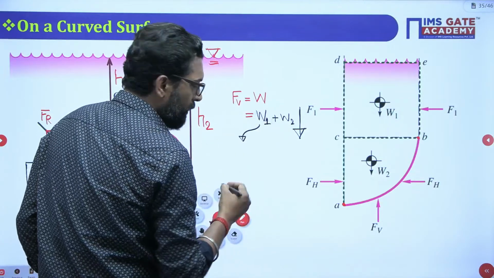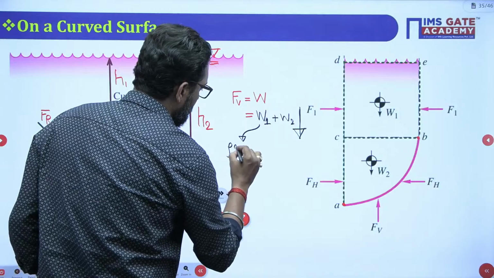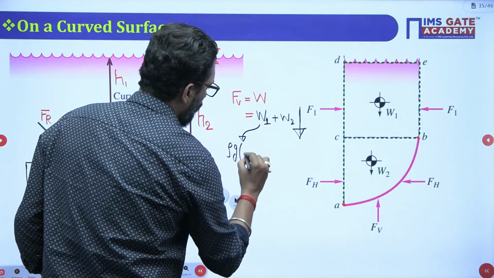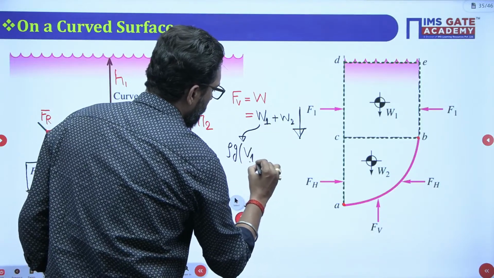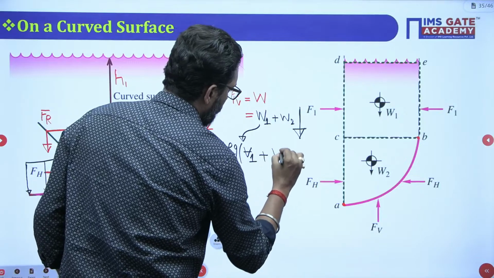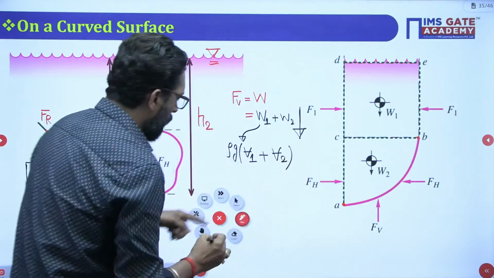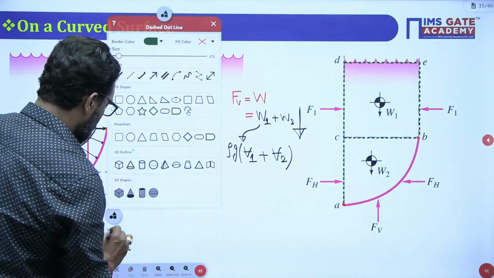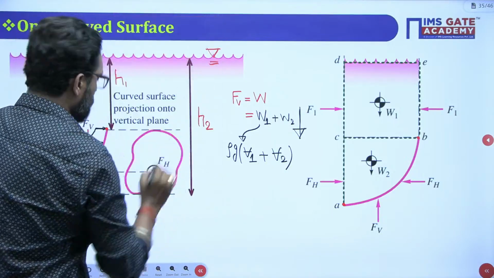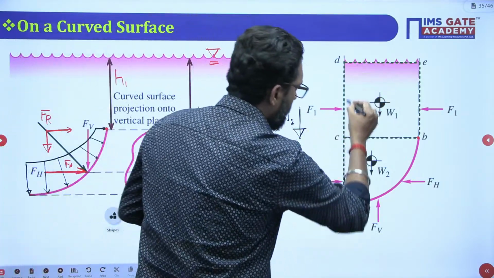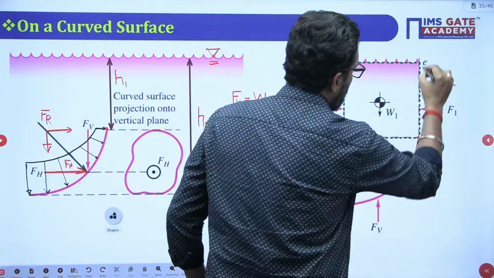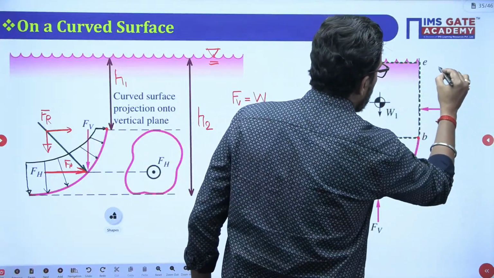W1 is density into G into volume V1, plus the volume V2. So how to calculate volume V1? Let's suppose, my dear, this is your rectangle, and this is your height H.